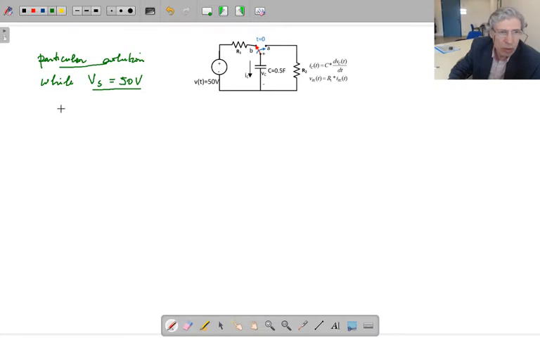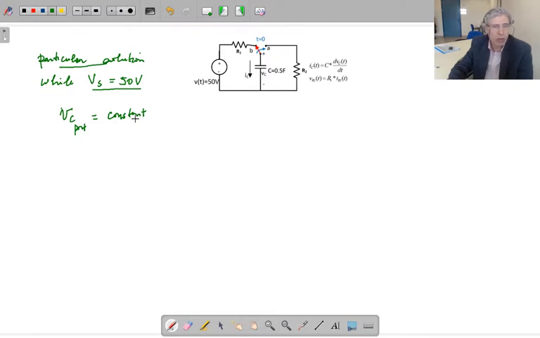In this case, since there's a capacitor here, the state variable is Vc. Vc particular is going to be a constant, because the particular solution has the same form as the source, therefore it is going to be a constant.